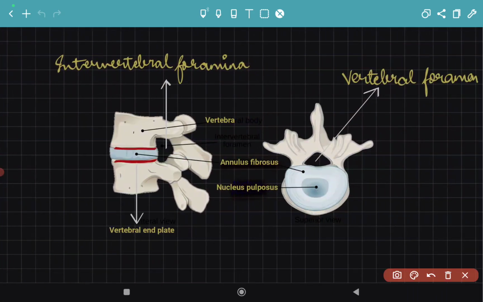Now let's continue. Let's have a look at the vertebra and understand some basic parts, so that later on we will see where the spinal cord passes through the vertebra and where exactly the spinal nerves exit. This is the superior view of a vertebra. We can appreciate the disc, nucleus pulposus and annulus fibrosus.